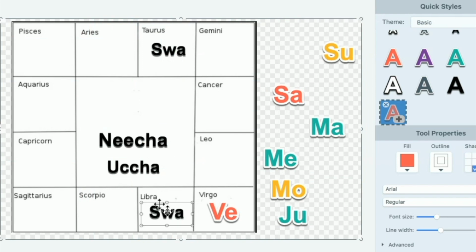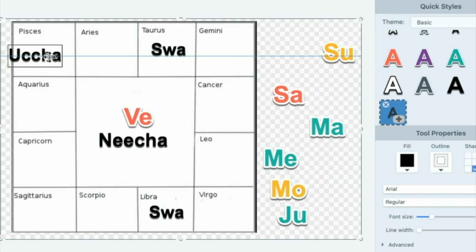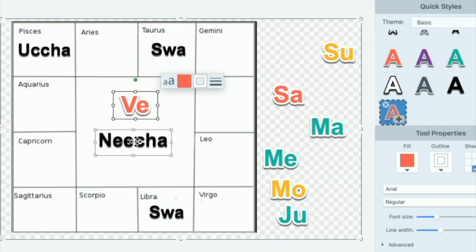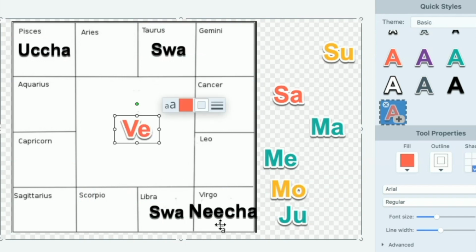That's why Venus is exalted in Pisces. Pisces is a sign of compassion and love, and Venus is all about love and compassion. But Venus is debilitated in Virgo because Virgo is the sign of analytical thinking, and Venus doesn't feel comfortable analyzing emotions.